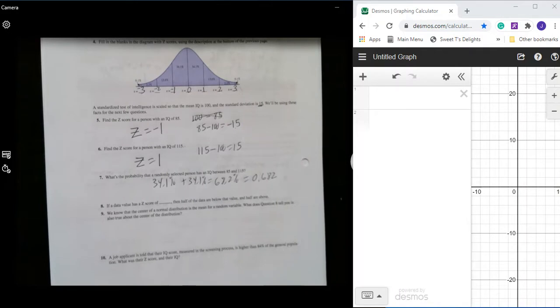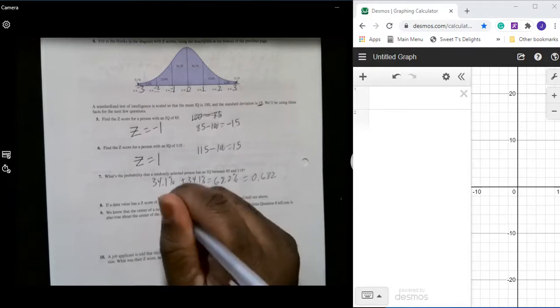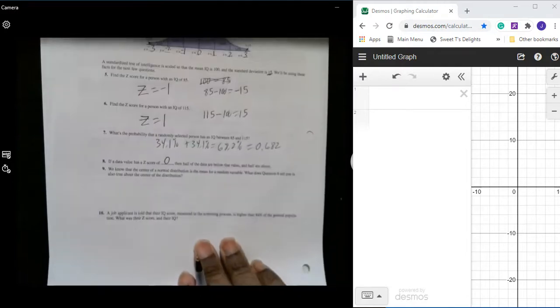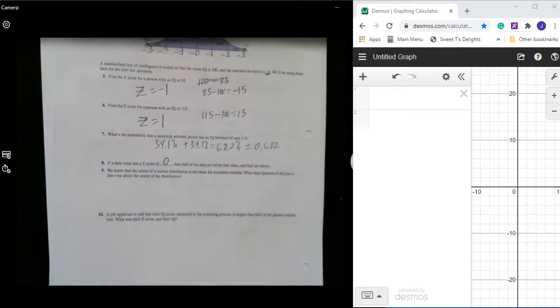Now, if a data value has a z-score of blank, then half of the data are below that value and half are above. That's 0. Because remember, a z-score of 0 is the mean. Now, we know that the center of a normal distribution is the mean for a random variable.